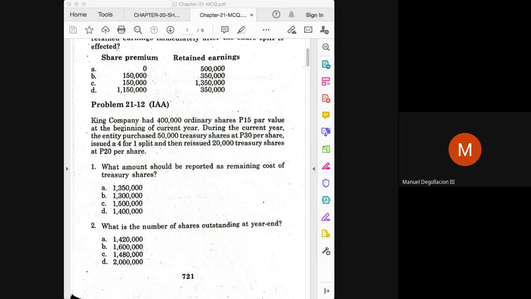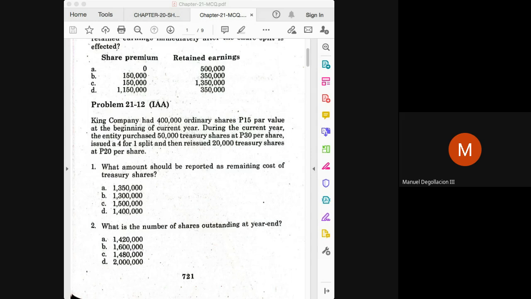This will also be included among the 400,000 that will be split into four shares per single share. So before the stock split, we had 50,000 treasury shares. After the stock split, you multiply 50,000 by 4. You will have 200,000 treasury shares.